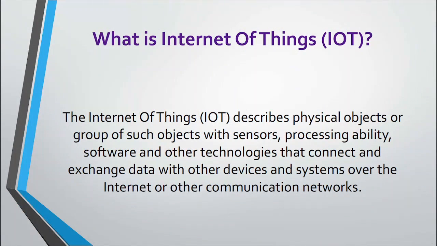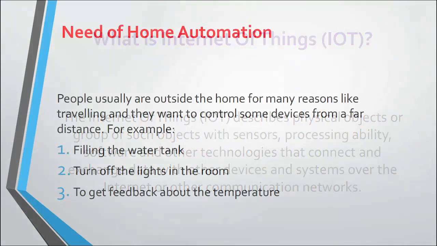Now, what is the Internet of Things? The Internet of Things describes physical objects or a group of objects with sensors as well as processing ability, software, and other technologies that connect and exchange data with other devices and systems over the internet or other communication networks. In simplified terms, it is nothing but connecting various sensors through the internet and receiving data about the devices.